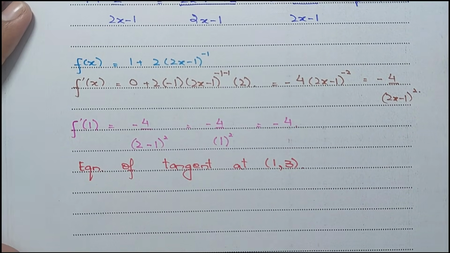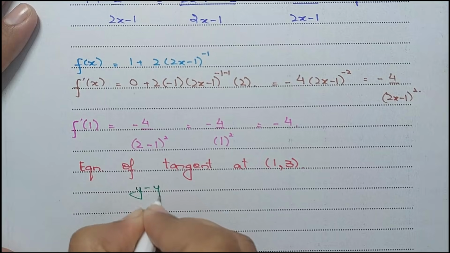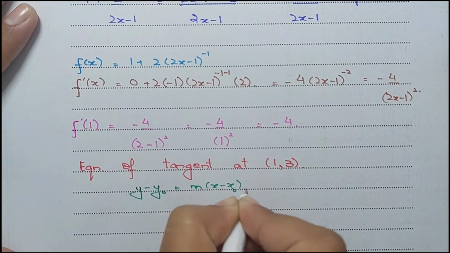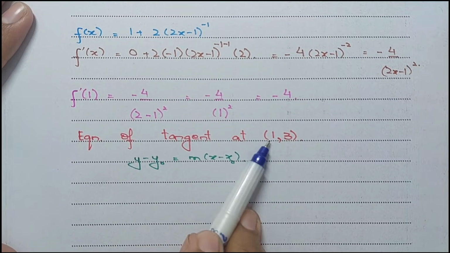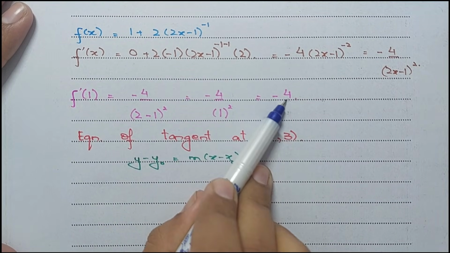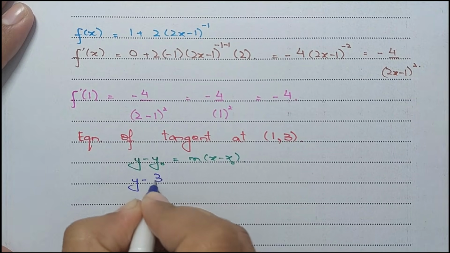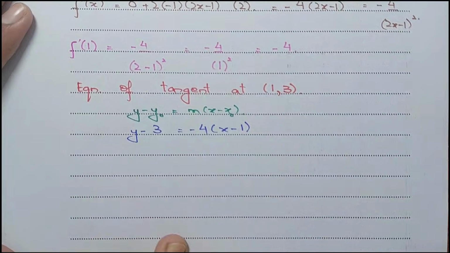Okay. Now for the equation of tangent, we have y minus y naught is equal to m into (x minus x naught). All right. So for the equation of tangent, we need the point (x naught, y naught), and we need m, the gradient, right? y naught is 3, m value is negative 4, and x naught is 1.